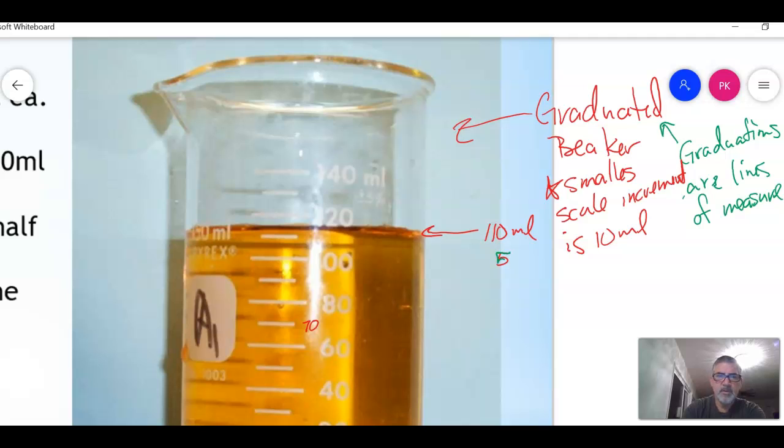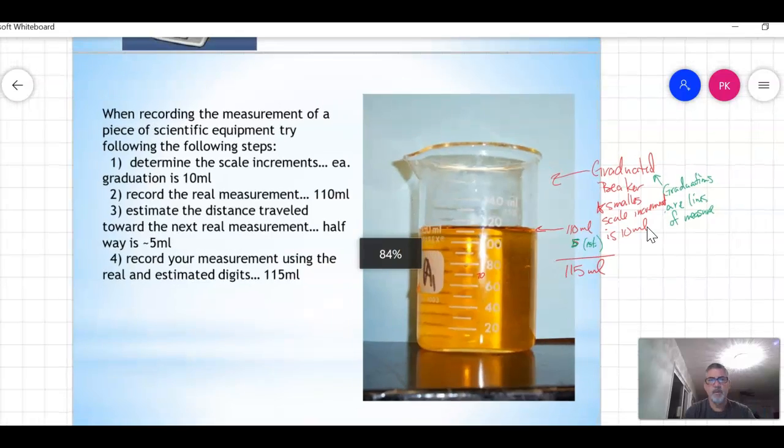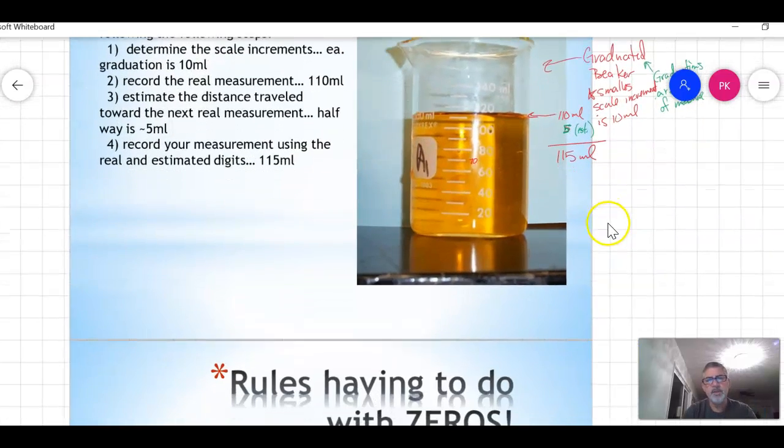Maybe 6. So if I make my estimated digit 5, I could represent this as 115 milliliters. So the estimation makes it more accurate. All right. So that's what significant digits are.